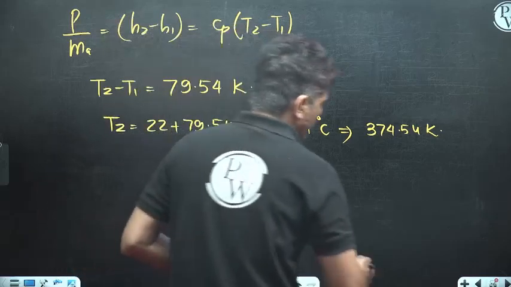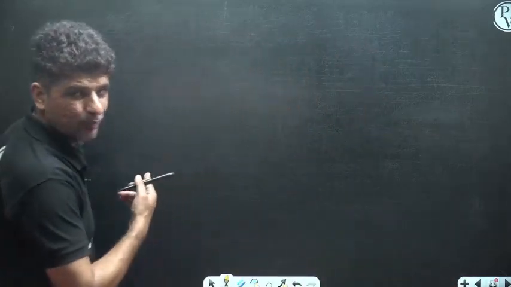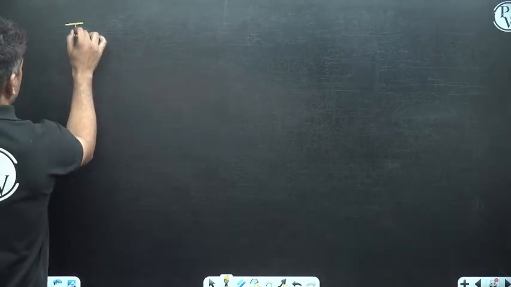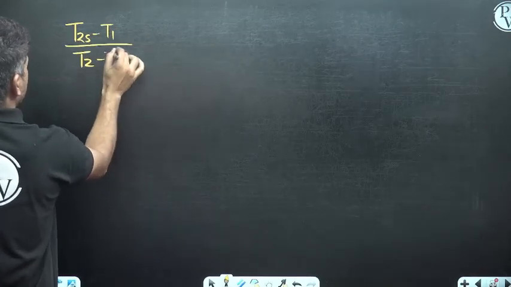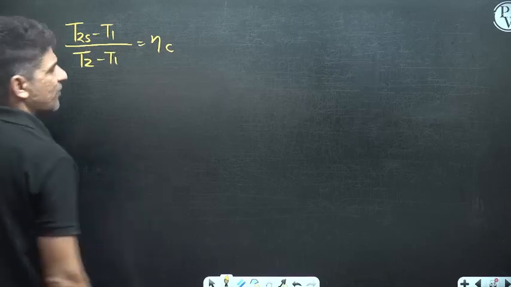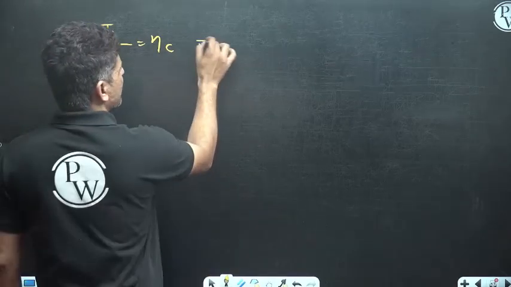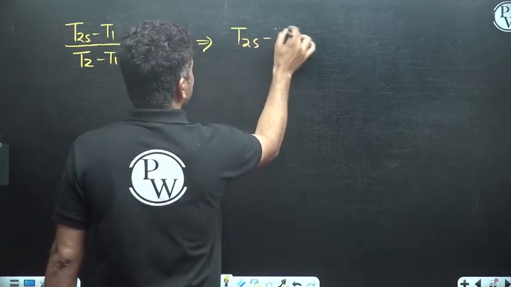Okay, so now you see that once you have calculated T2 minus T1, you can calculate (T2s minus T1) divided by (T2 minus T1). This is your efficiency of compressor. So from here you can calculate T2s minus T1.